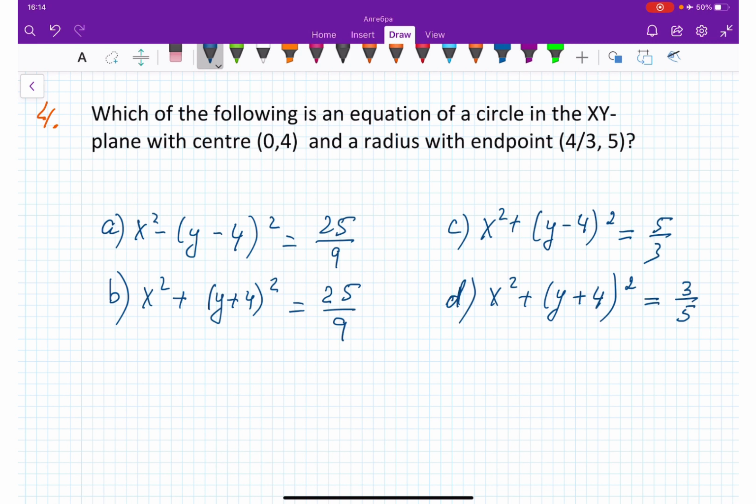Question number 4. Which of the following is an equation of a circle in the xy plane with center 0, 4 and radius with endpoint 4, 3rd and 5?